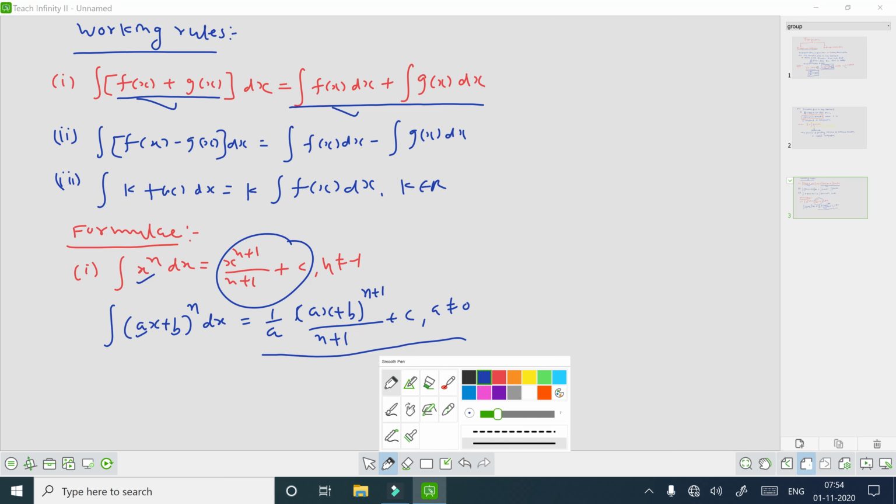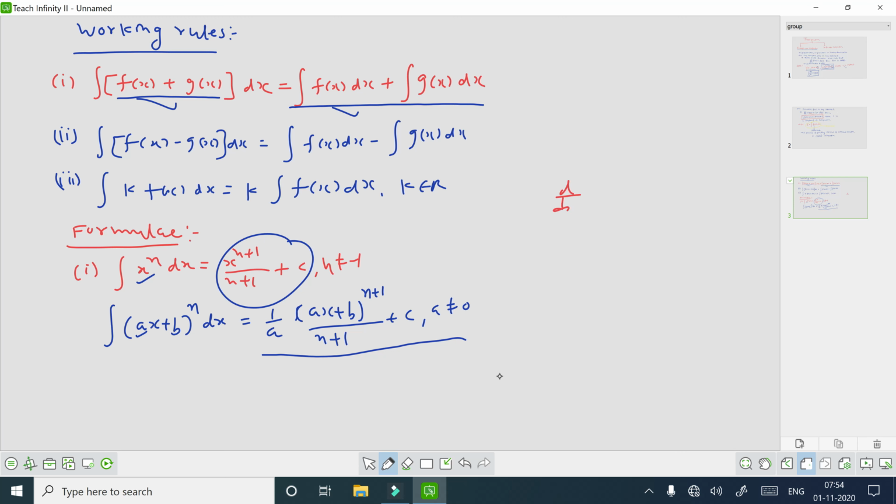Let us try it. See, d by dx of 1 by a times (ax plus b) raised to n plus 1 over n plus 1 plus c. If we differentiate it, what do we get? 1 by a is a constant quantity, so we can take it outside. 1 over n plus 1 is also constant, so take it outside. Then d by dx of (ax plus b) raised to n plus 1, and the derivative of the constant term is 0.